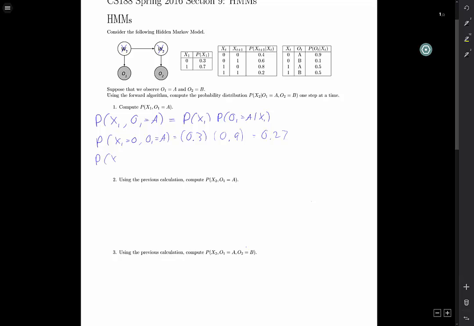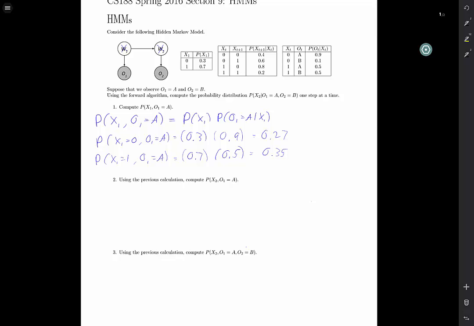And now the probability x1 equals 1, comma O1 equals A equals, well, the probability of x1 equals 1 is 0.7, and probability O1 equals A given x1 equals 1 is 0.5. That equals 0.35.